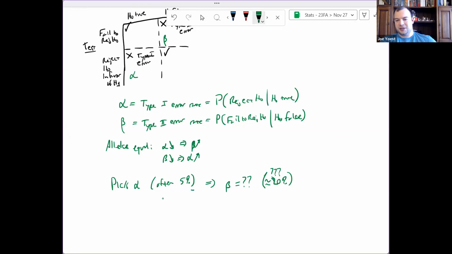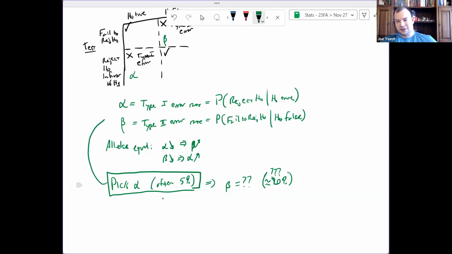But practically speaking, we pick alpha to be a certain number. Quite often it's 5%. Sometimes it's 10% or 1%. In theory, it could be any percentage you want. You could pick 3.2% or something, but the numbers that people typically use are 10, 5, or 1%.